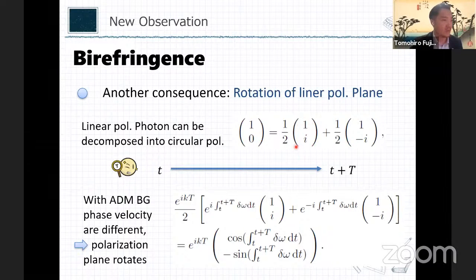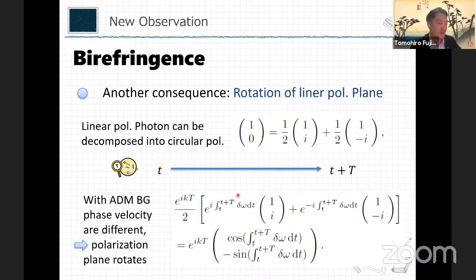So in this case, 1/2 of each circular polarization. And as we learned in the previous slide, these two circular polarizations obtain different phase velocities, different phases. Of course, we have a common part, but some different part has an opposite sign.